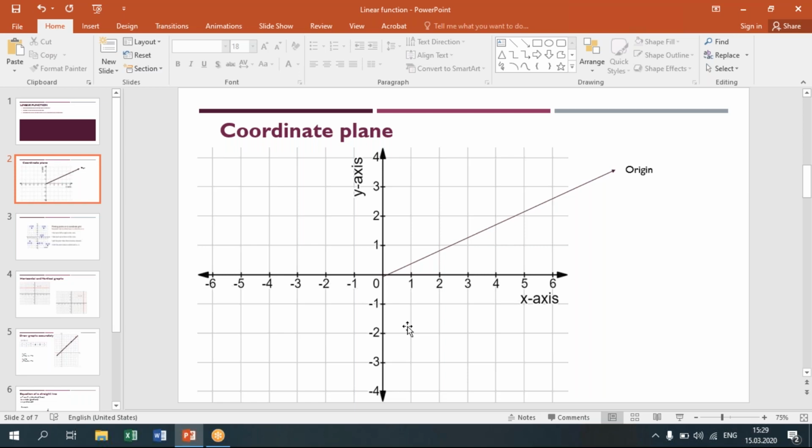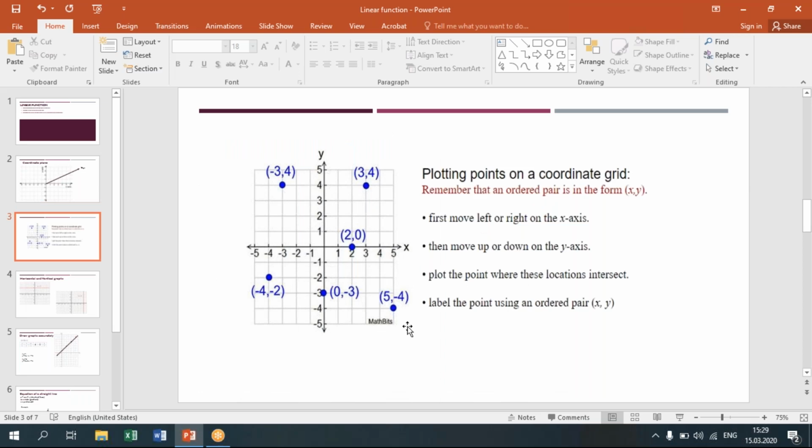About the points, how we can plot the points on the coordinate plane. We have to know that before we start to plot any point, the first digit should be shown on x-axis, and the second digit, which we have in the bracket, x and y, should be on y-axis.